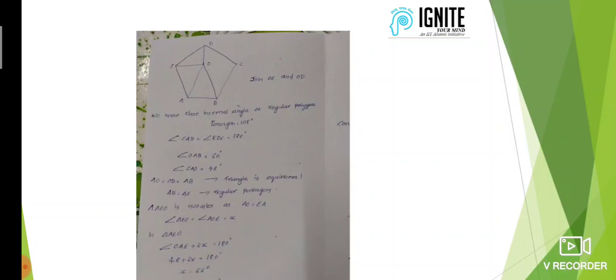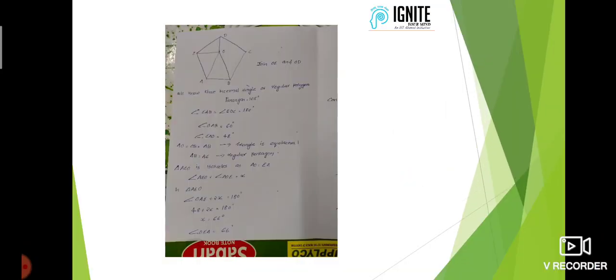Angles opposite to equal sides are equal, right? So you get angle AEO equal to AOE equal to X. You can consider the triangle AEO now. You have just one unknown, which is angle OAE. So when you substitute the value for X, you get OEA as 66.